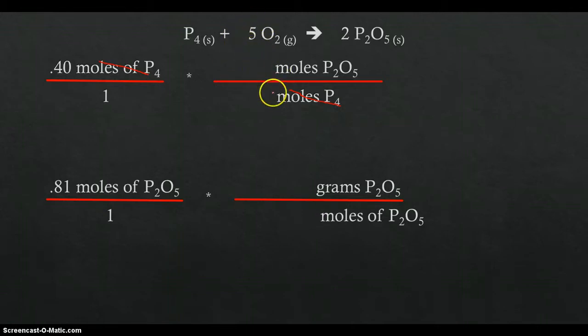Whenever you're going from moles to moles, those are the coefficients in the chemical equation, which in this case, the coefficient for diphosphorus pentoxide is 2, and the coefficient for P4 is 1. So I'm going to multiply my answer on my calculator there by 2, and you notice it gives me 0.81.